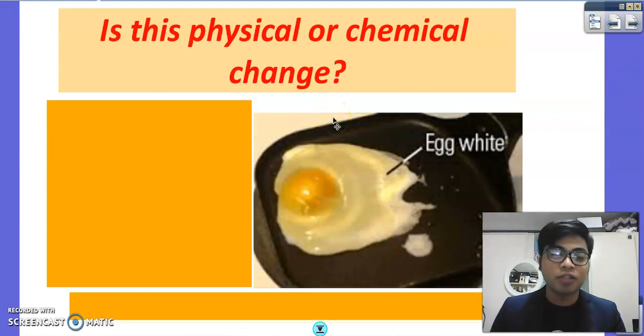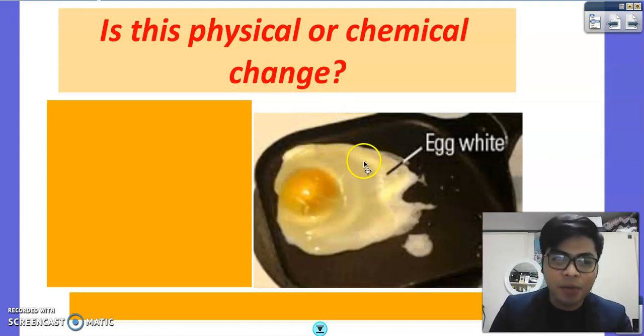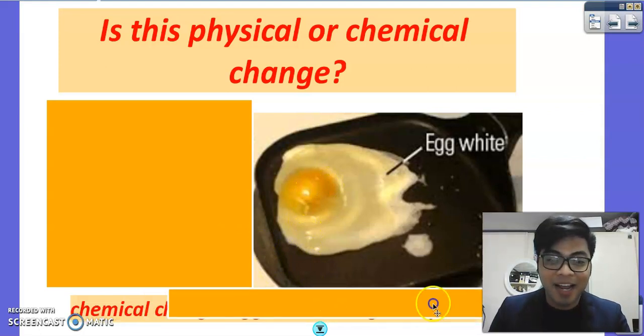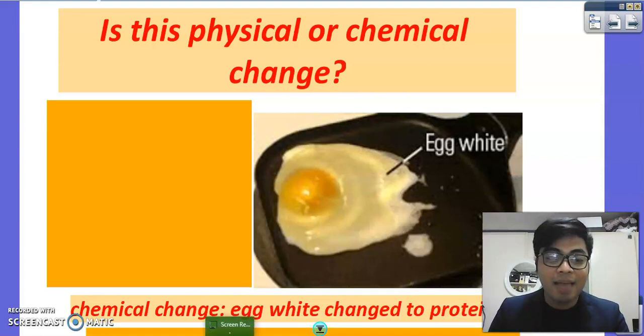So I want you to take a look at the picture right over here. I know that some of you might be frying an egg. So look at the egg white. When we fry the egg white, is this process a physical or chemical change? Any answer? The correct answer is it's a chemical change. Why? Because the egg white changed to protein, and it's a different form of protein right now, and it is not reversible.